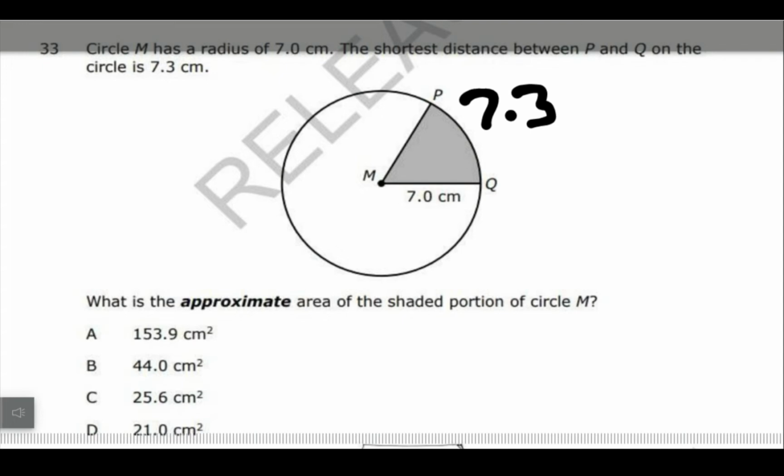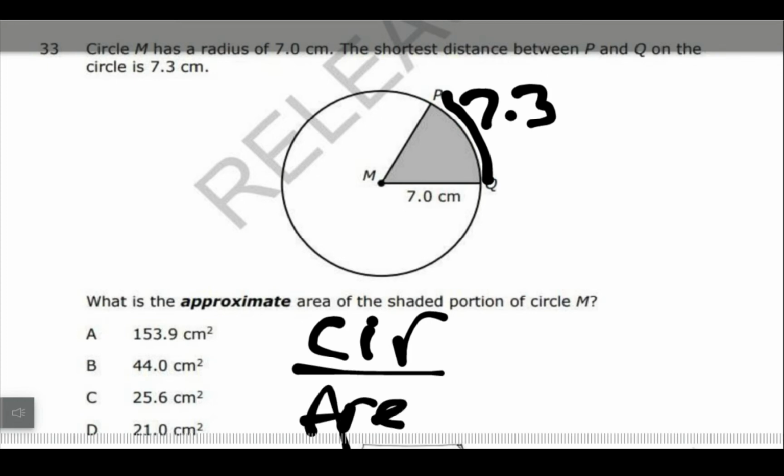Again, they don't give us a whole lot of information here. They do need the area, and they also gave us this partial circumference. So what we have to do is a proportion comparing the circumference and the area, because those are the only two things they gave us.